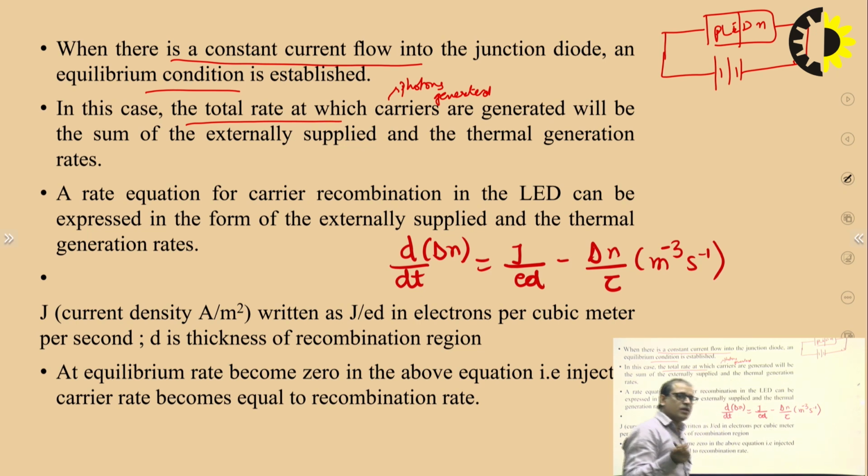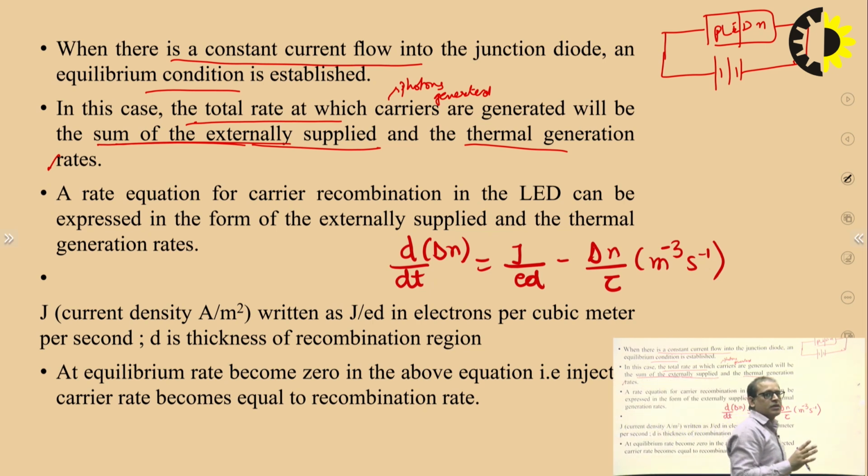The total rate at which carriers are generated equals the sum of the externally supplied electrons and the thermal generation rate. कितने हमने सप्लाई कर रहे हैं इलेक्ट्रॉन, और उस इलेक्ट्रॉन में से कितने थर्मली जनरेट हो रहे हैं, उसी से मुझे फ्रॉम दैट आई कैन सी दैट कितने नंबर ऑफ फोटॉन्स जनरेट हो रहे हैं.